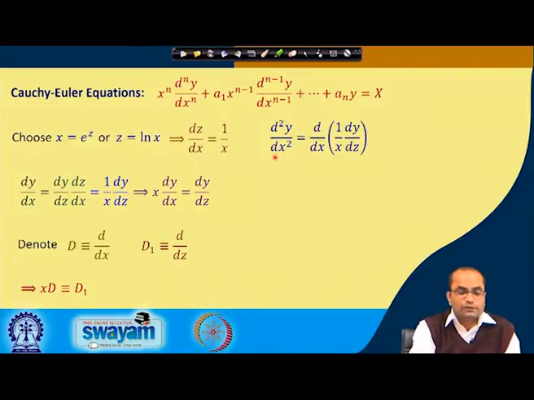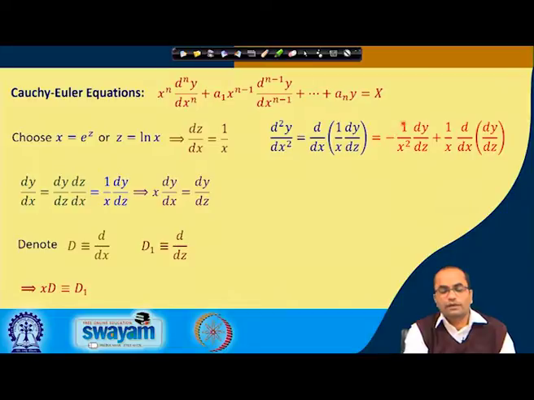So, now coming back to the second order term, how will this look when converted to the z independent variable? d2y over dx2 means d over dx of this 1 over x dy dz term, because this was dy dx. So, d over dx of dy over dx, and dy over dx was 1 over x dy over dz. So, we can use the product rule here. The derivative of 1 over x will be minus 1 over x square, and then this dy over dz will remain as it is, plus this 1 over x.